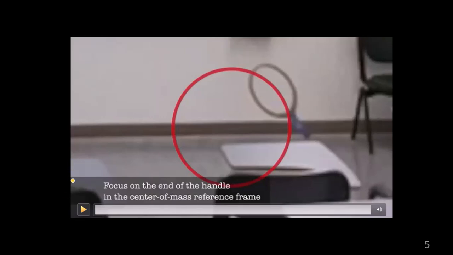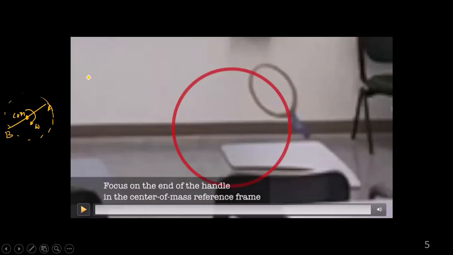The idea behind this is that if I throw a body about the center of mass, the center of mass is moving with omega. All the points, point A, point B, point C, with respect to the center of mass, are performing pure circular motion, and individually the center of mass is performing a projectile motion.